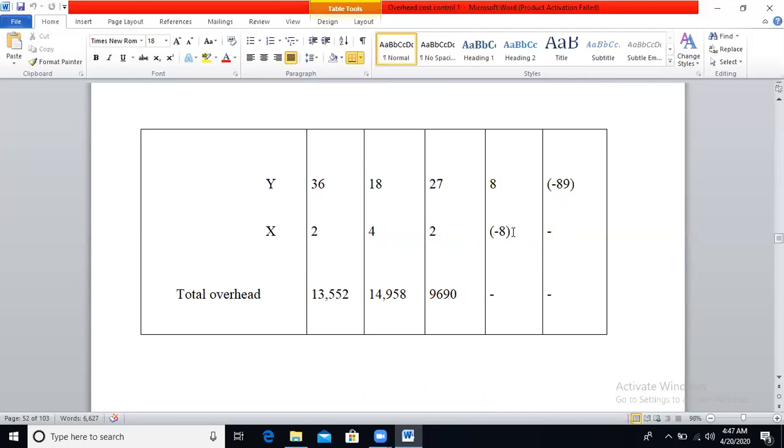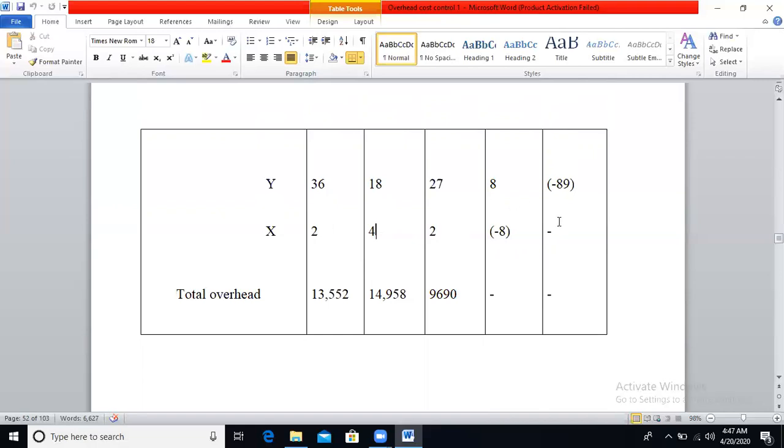Now, we got some value under X. So what's the percentage of X? For department A 25%, for department B 30%, for department C 25%. So 8 into 25%, you will get 2; 8 into 30%, you will get 2.4; and 8 into 25%, you will get 2.